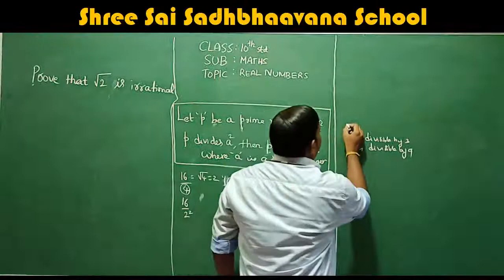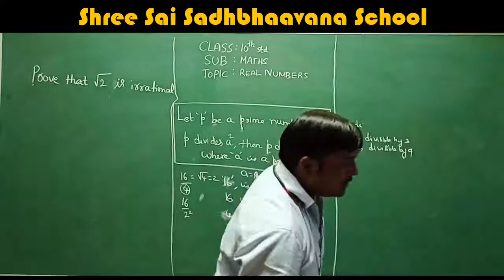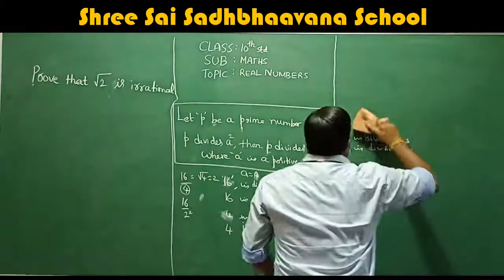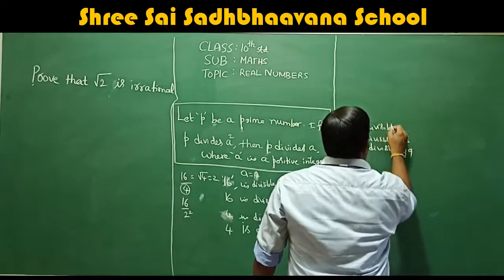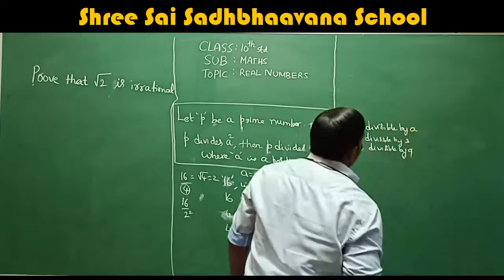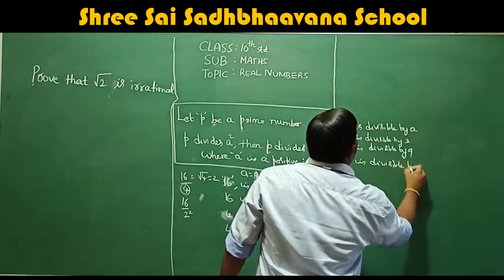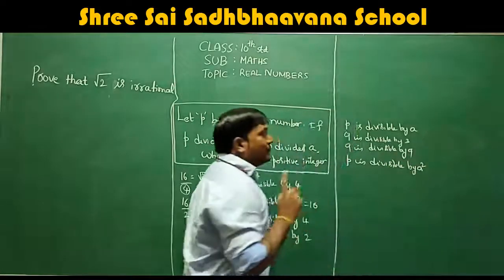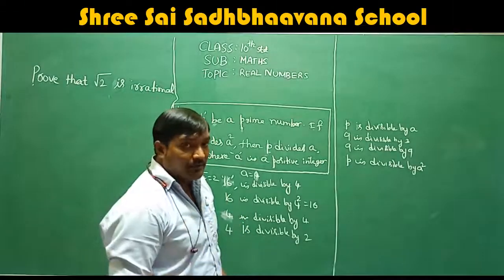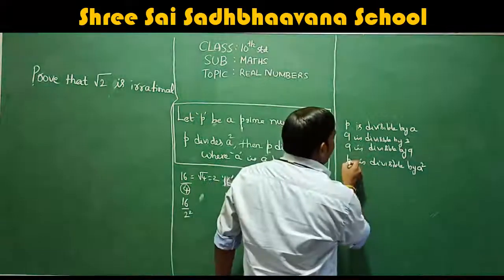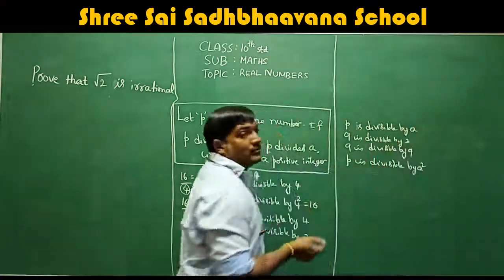That means if you take one number p, if p is divisible by a, that same number is divisible by its square also. Remember, if p is divisible by a, p is also divisible by a square. Or you can take it vice versa: if p is divisible by a square, then p is divisible by a also.